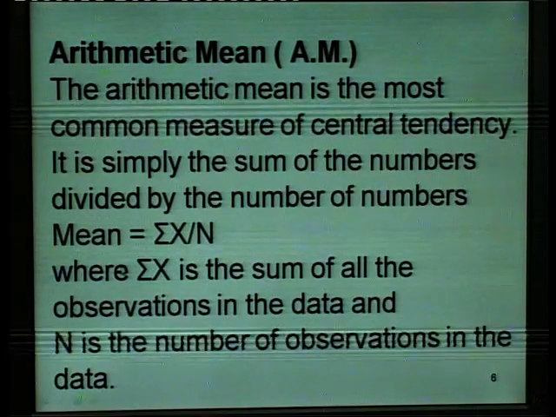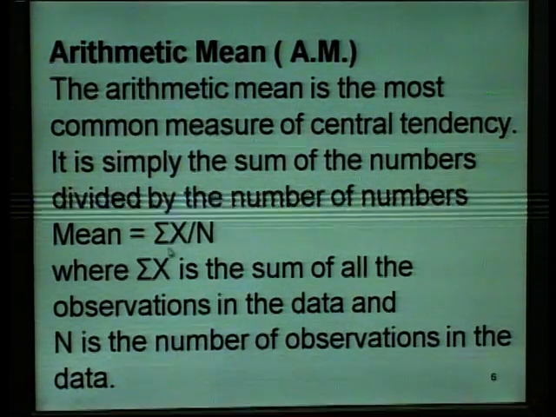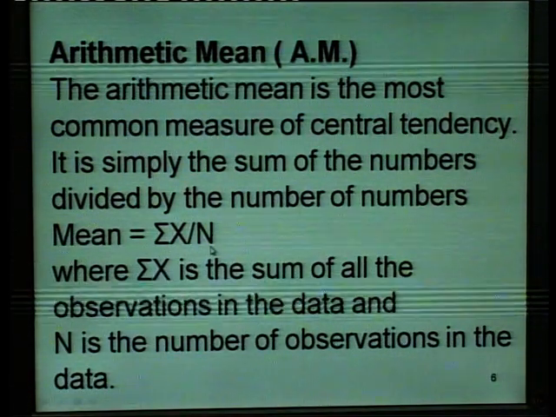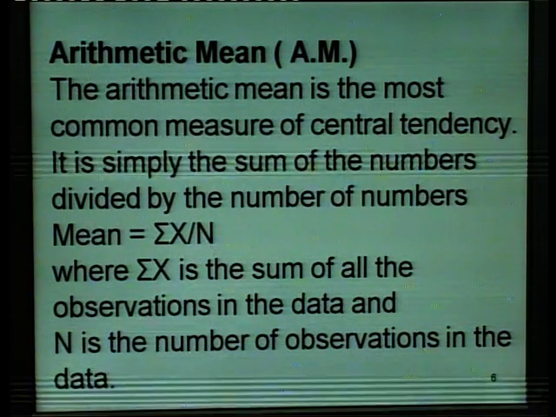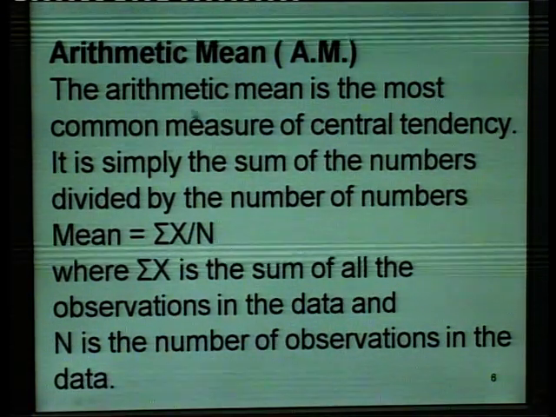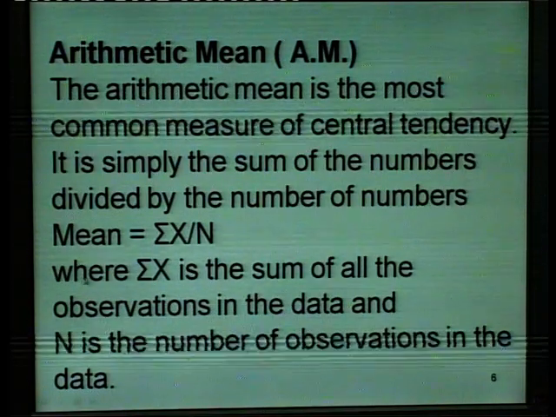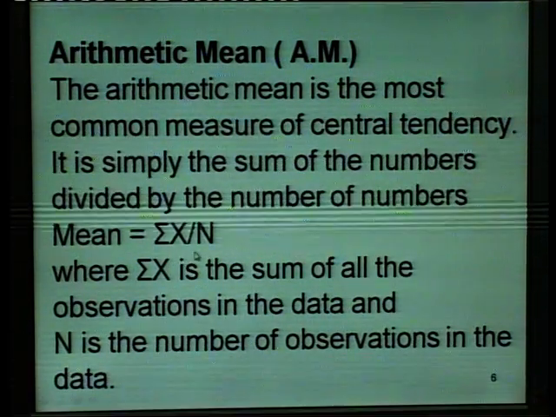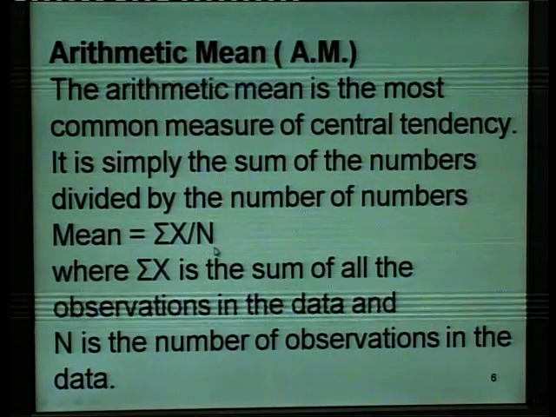So, mean is the sum of all values divided by the total number of observations. This is the simple way.